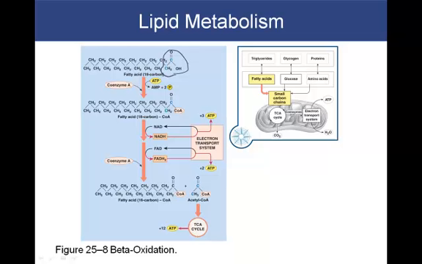Beta oxidation involves taking this very long chain and basically clipping off 2 carbon molecules, that is acetyl-CoA, and that acetyl-CoA can enter into the TCA cycle, and once in the TCA cycle, those coenzymes NAD and FAD can then carry hydrogen atoms to the electron transport system for further breakdown.